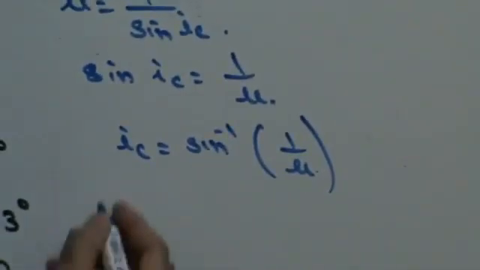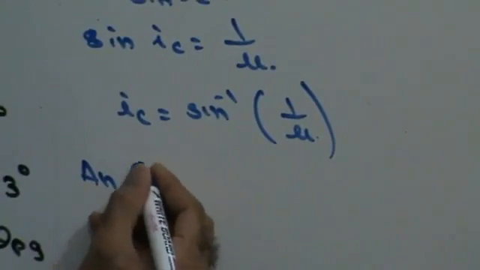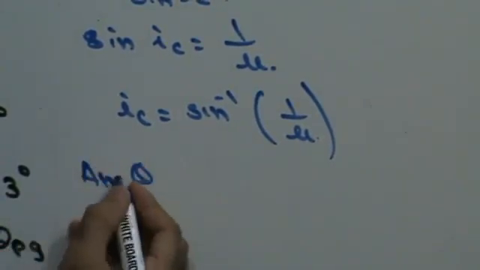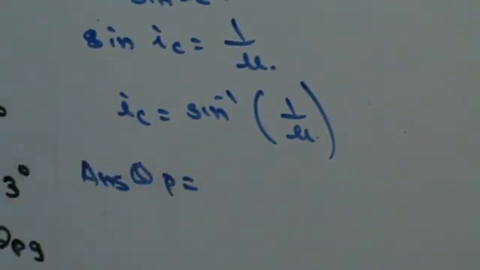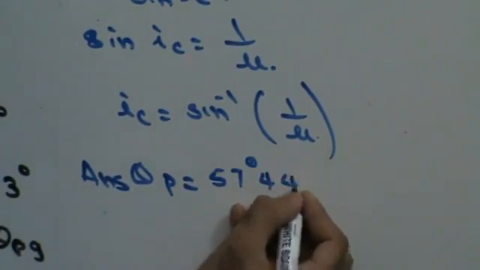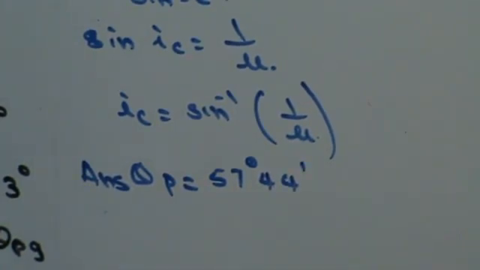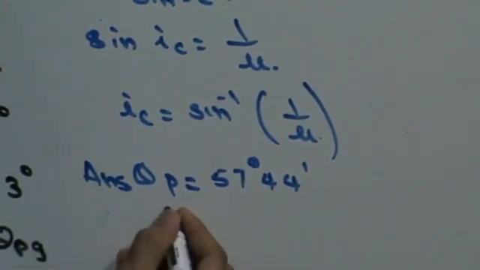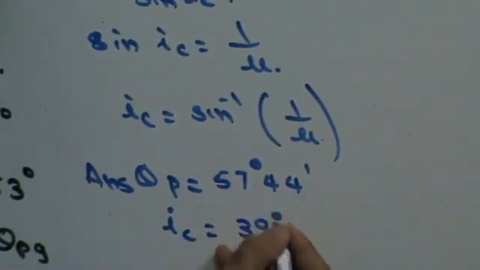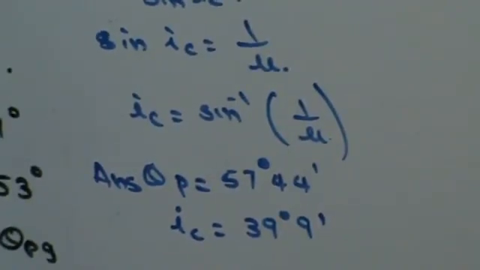Now the answer for this sum: polarizing angle you should get as 57 degrees 44 minutes, and critical angle you should get as 39 degrees 9 minutes, right? Those should be your answers.